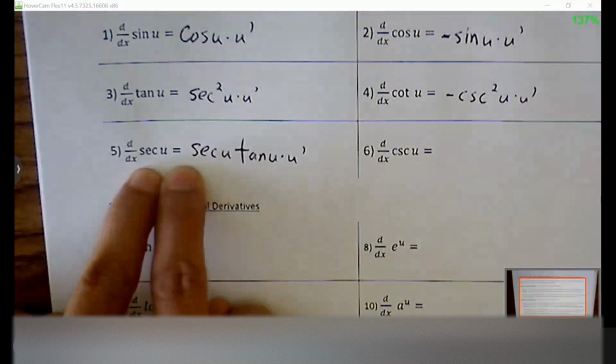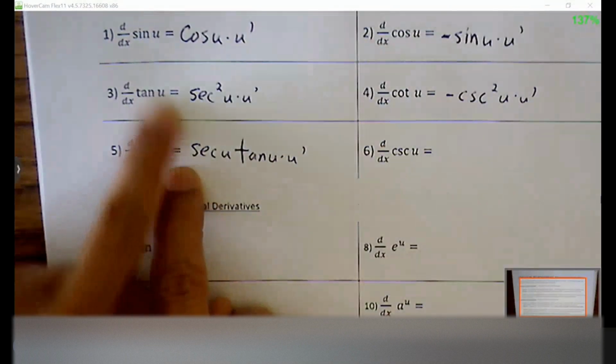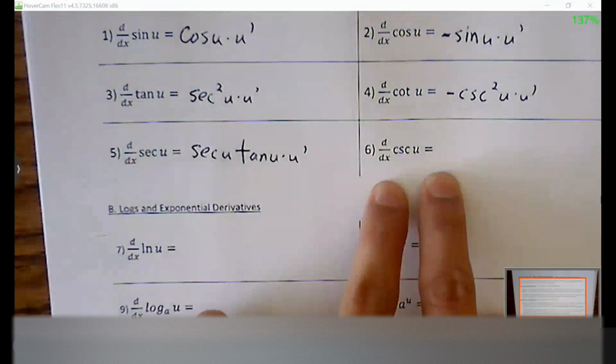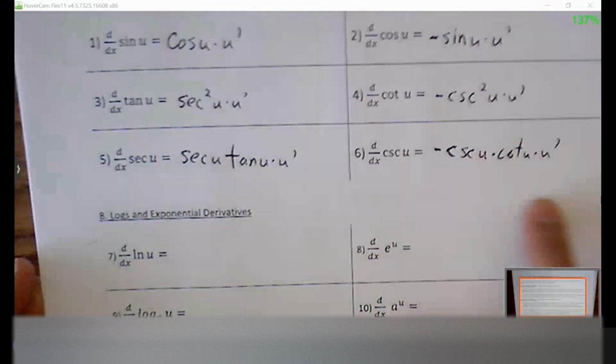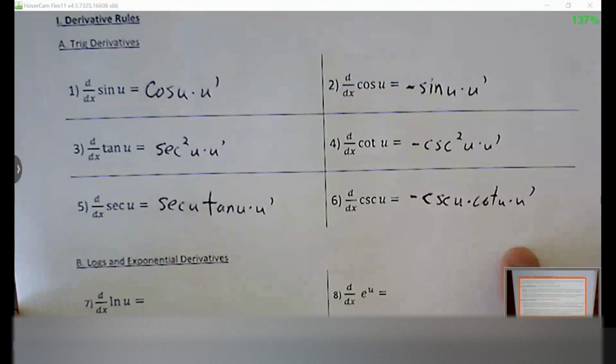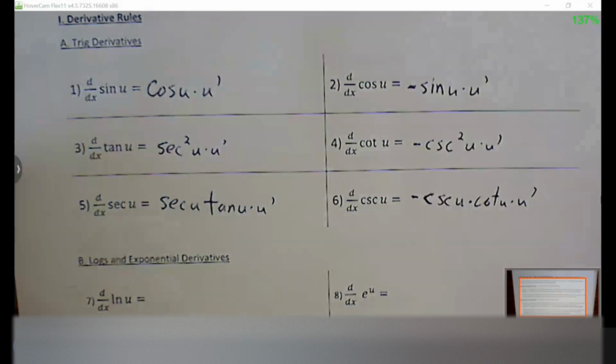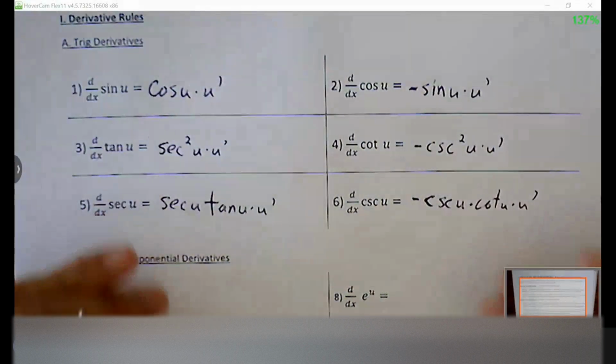Look at how secant's derivative just involves the ones that are next to each other. Cosecant's derivative has a very similar pattern: negative cosecant u times cotangent u times u prime. So hopefully having those patterns is helpful.